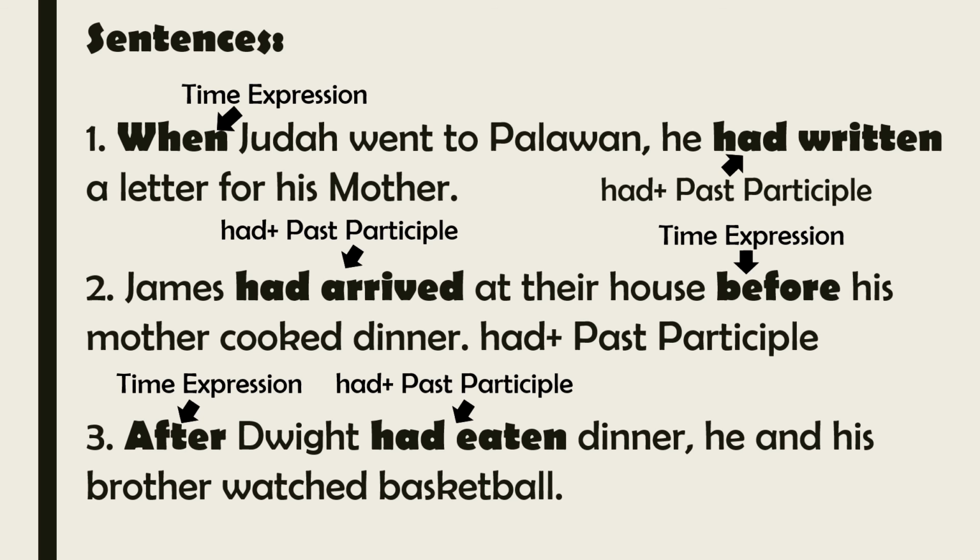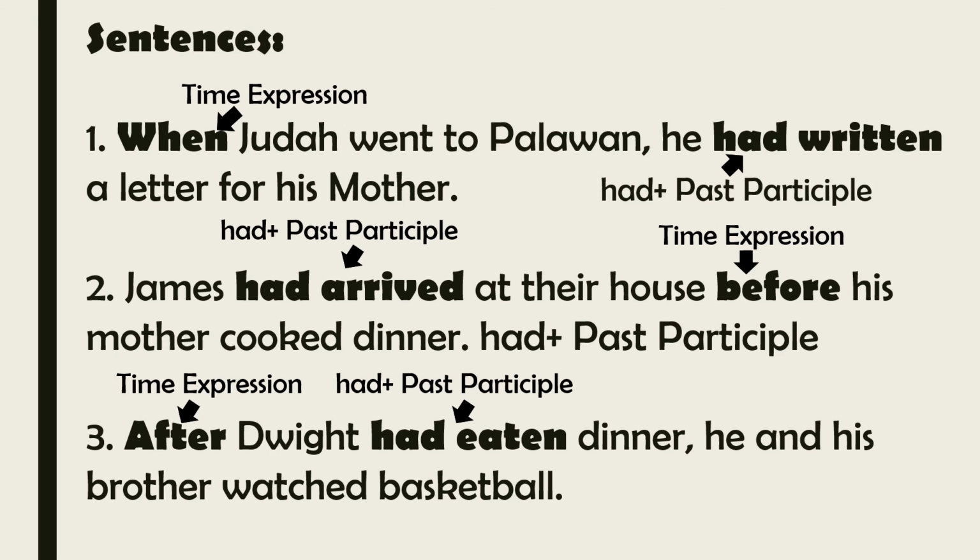Number two, James had arrived at their house before his mother cooked dinner. So had plus the past participle is had arrived. Arrive is a regular verb, so you just need to add the ending, and the time expression used is before.